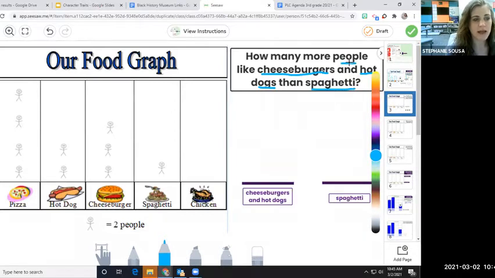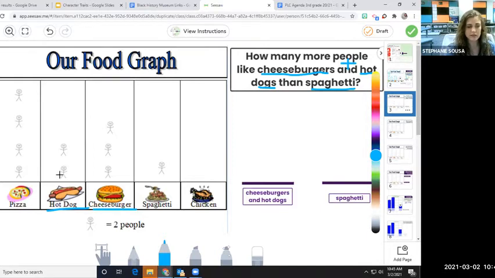Notice that word and. Remember, and when we are combining data in a graph means addition. So we are going to combine or add cheeseburger and hot dog votes and compare them to spaghetti votes. So let's take a look at our cheeseburger and hot dog votes.